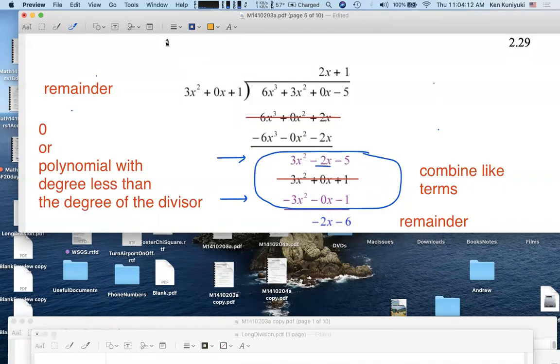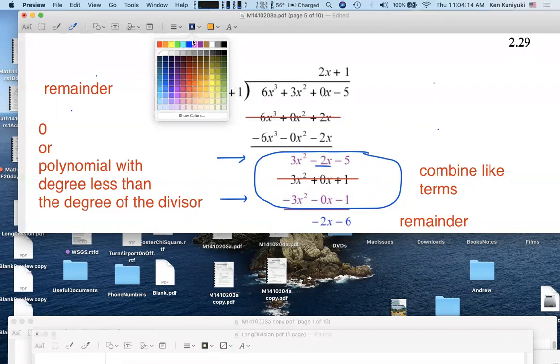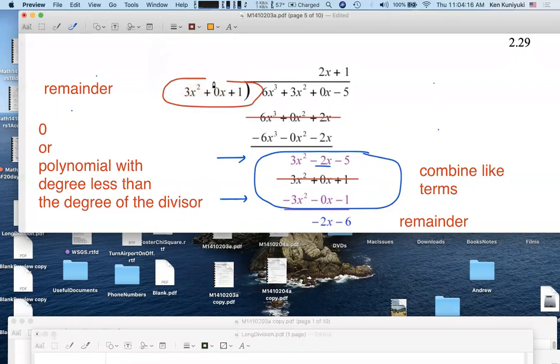What is the degree of the divisor? The degree here was 2. What's the degree of this remainder? Negative 2x minus 6, it's linear. The degree here is 1.